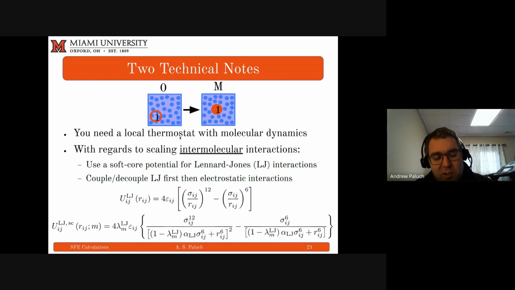One of the challenges when I do this with MD, and again I can use molecular dynamics or Monte Carlo, both are the same, just different techniques for estimating or sampling from my configurational integral, is that I need to be careful when I perform these free energy calculations with respect to my thermostat.